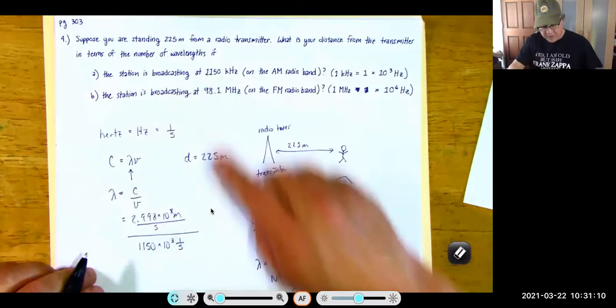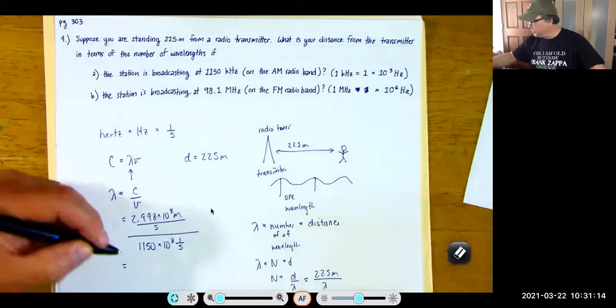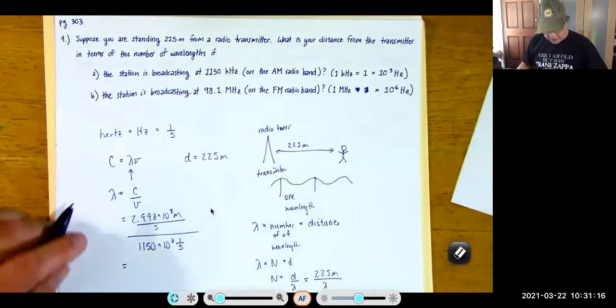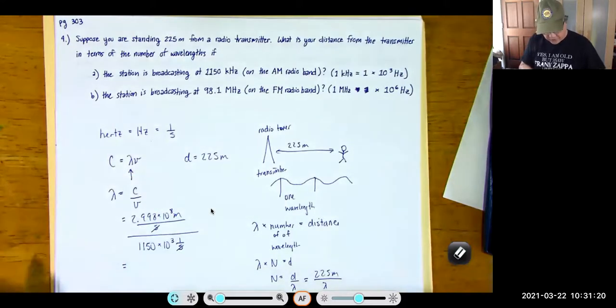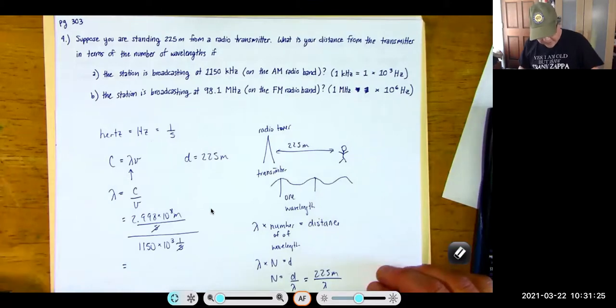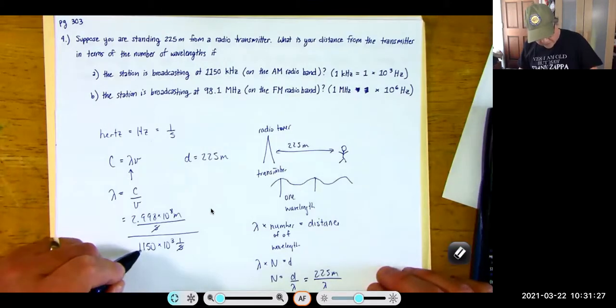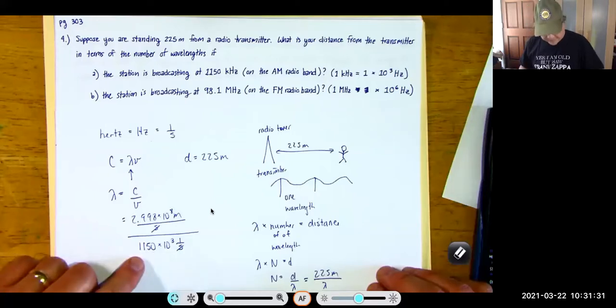So remember, a hertz is a per second, so I just substituted that. So I'm going to take my calculator out and try and solve this. These seconds that are both in the denominators cancel, so the wavelength ends up being in meters. This is 1.15 times 10 to the third times 10 to the third, which is 1.15 times 10 to the 6.